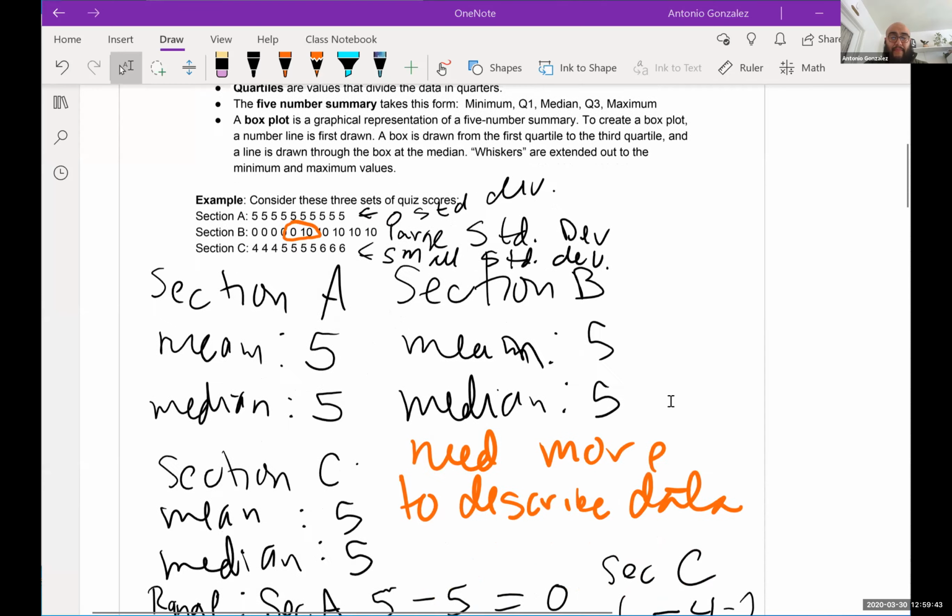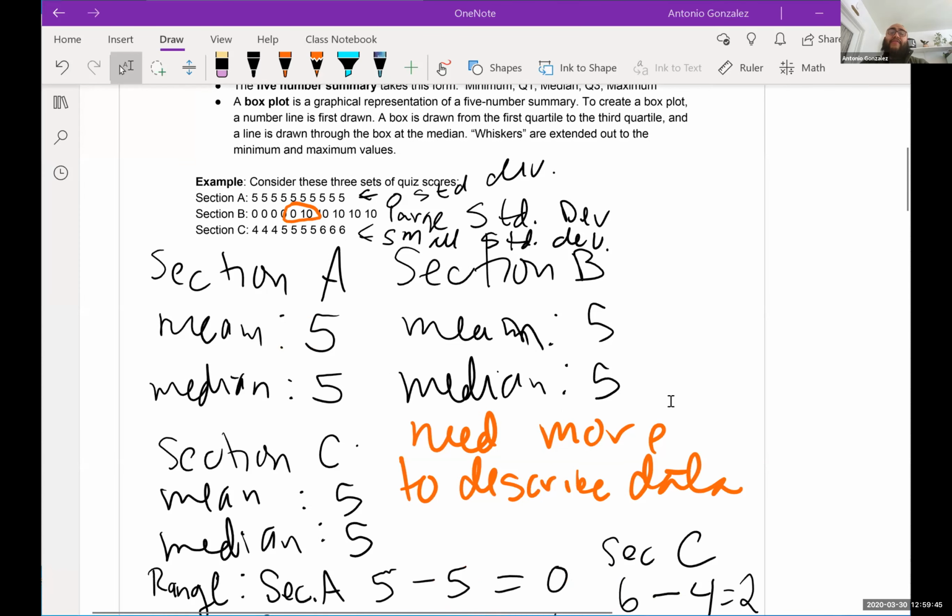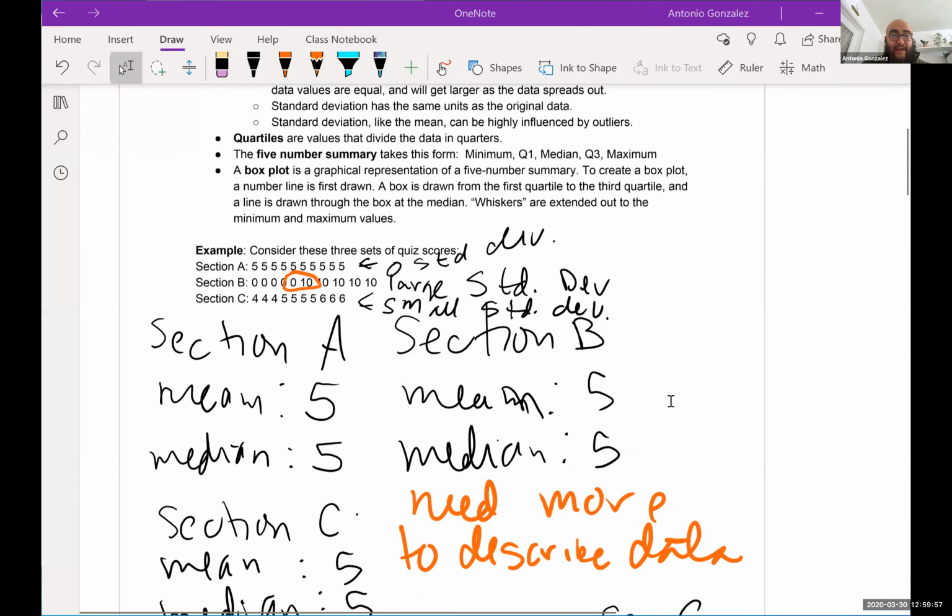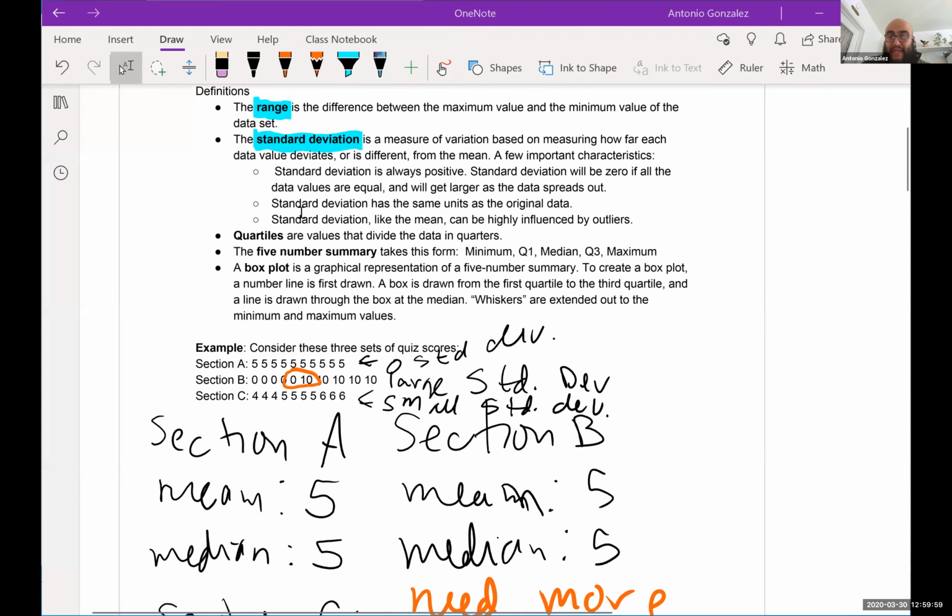All right. So if we want to think of what standard deviation is, just think of it as the measure of how spread out the data is. The higher the standard deviation, the more spread out it is. And one thing that will be clear when we do the calculations is the standard deviation is always positive. The standard deviation will be 0 if all the data values are equal, and will get larger as the data spreads out.